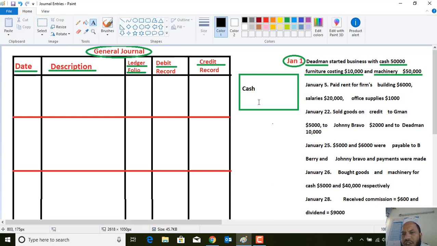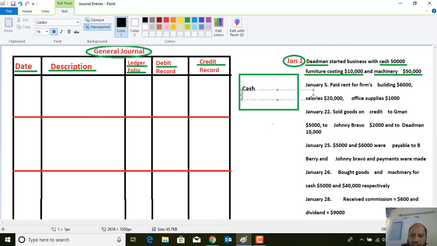Also, dear students, along with this, the furniture account also increased, and also the machinery account increased.